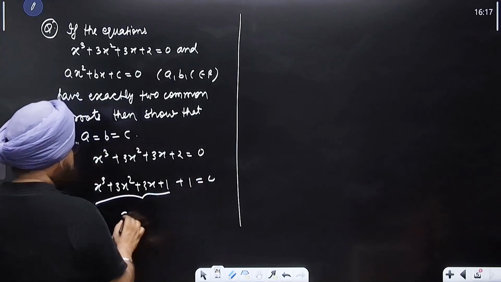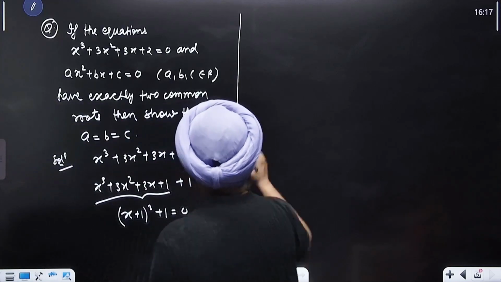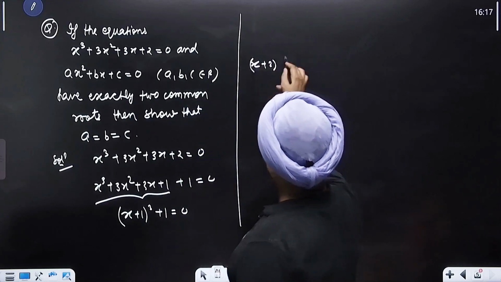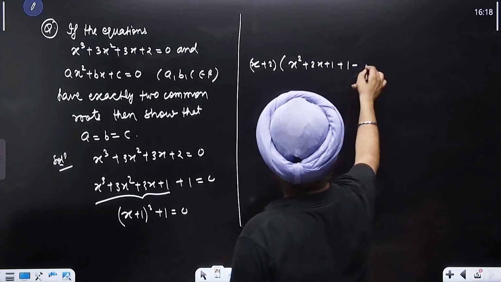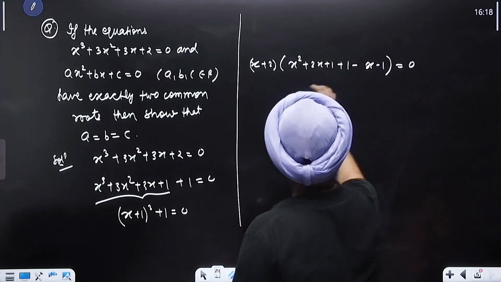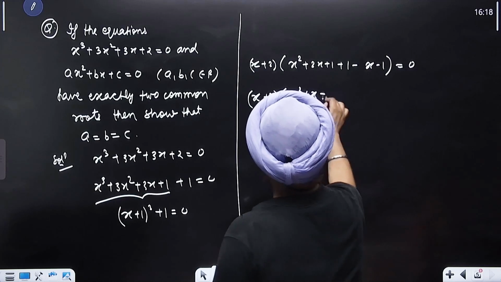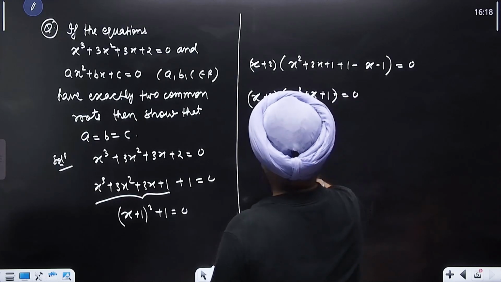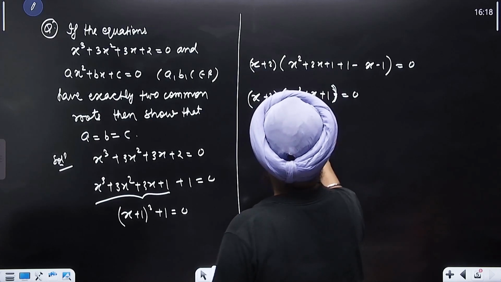This is x plus 1 whole cube plus 1. Now a cube plus b cube is a plus b times a square plus b square minus ab. Now all the roots of the cubic have been found.